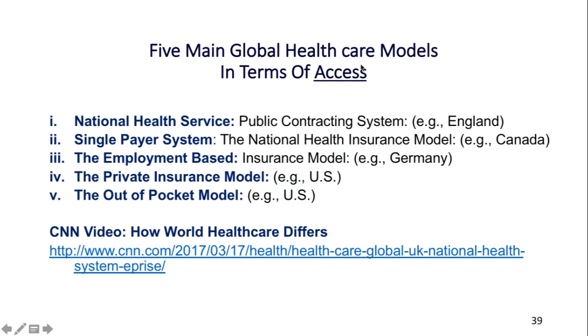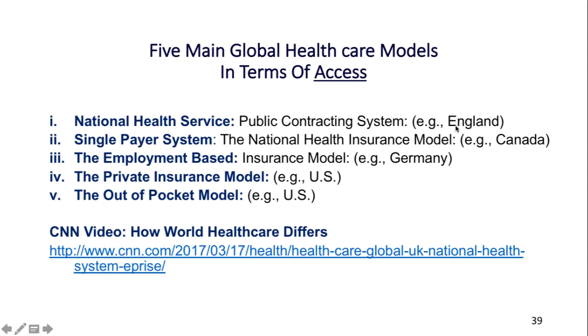Now, this is actually again a review of what you had in chapter 4. There are 5 main global healthcare models in terms of access. The first one is the National Health Service, which is a public contracting system.